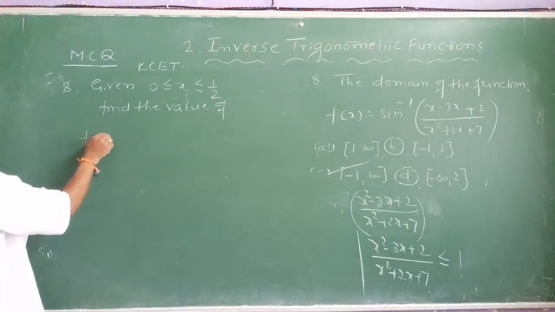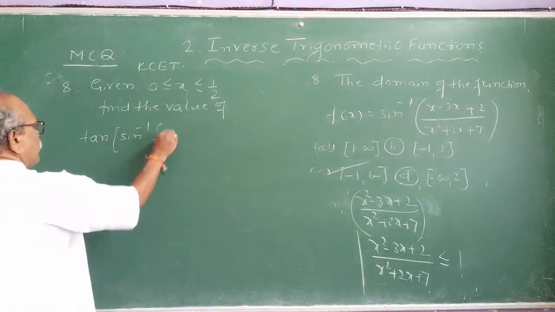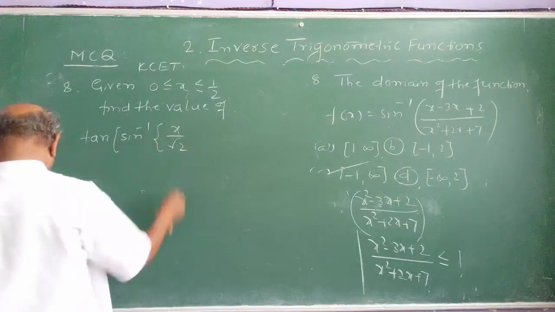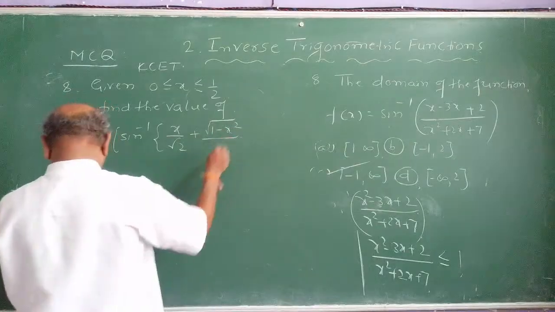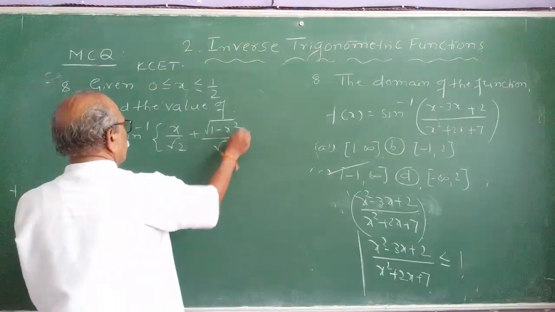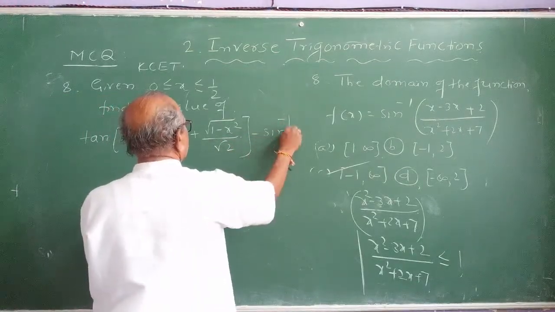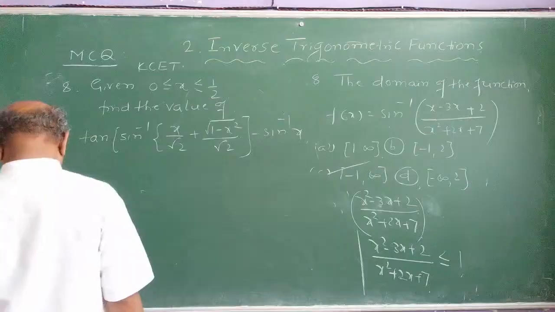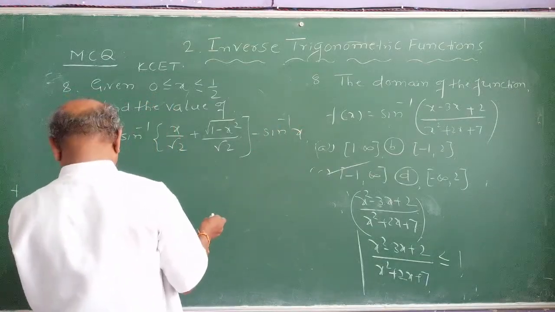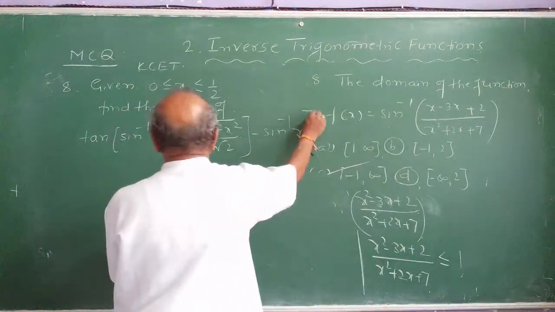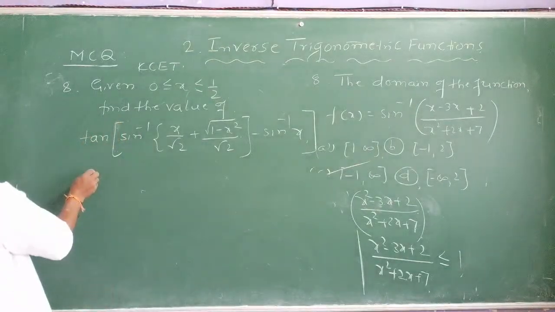Tan of sin inverse, x by root 2 plus root of 1 minus x square by root 2, minus sin inverse x. Square bracket completes. Observe. Interesting question.